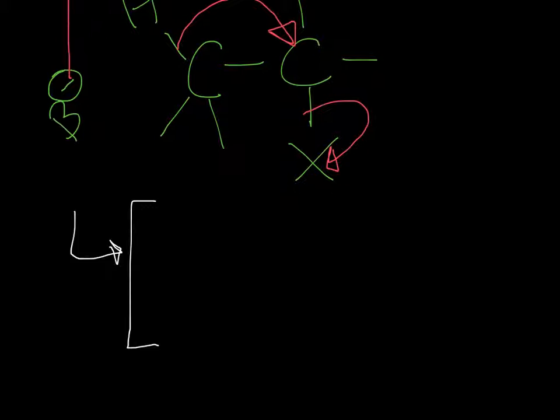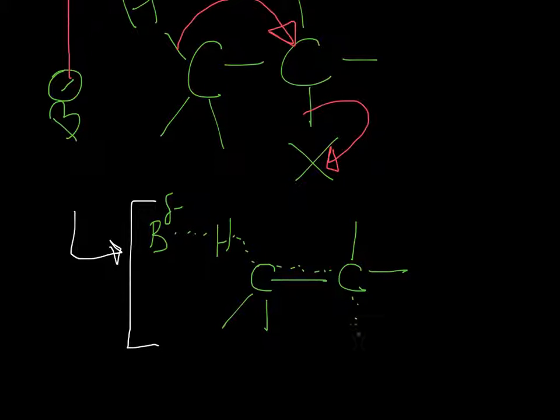We have the B being delta minus now, coming and swiping the hydrogen as the hydrogen bond is breaking. The new bond is forming. The X is leaving. This is all happening at the same time, and this X is delta minus. Like I said, this is technically a transition state, it is not a step.